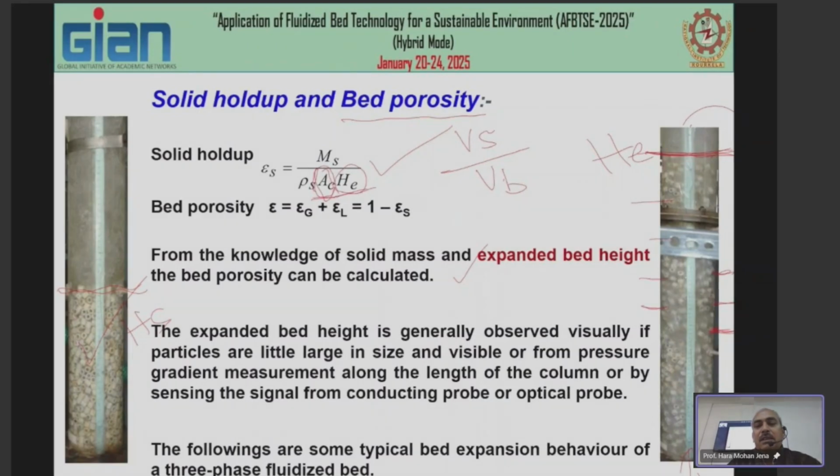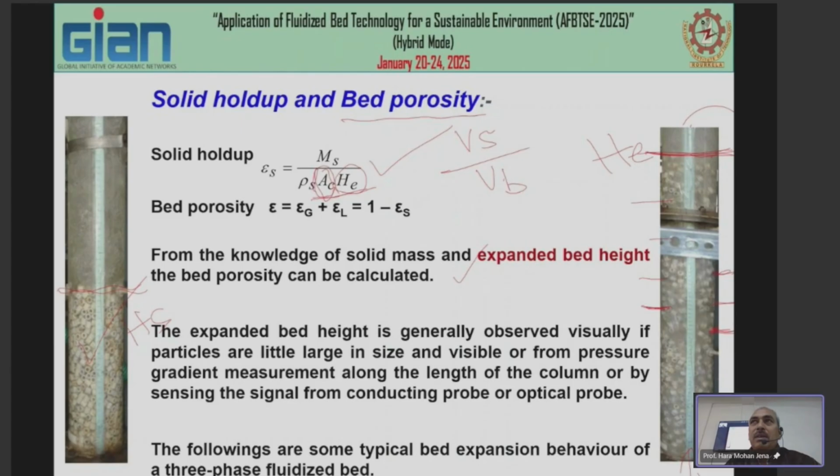Once the solid particles reach this point, the pressure drop above it will be different, because the amount of solid particles just above this port gives a different pressure drop value. So the pressure gradient along the bed will be different. From that also, the expanded bed height can be measured in an opaque system.